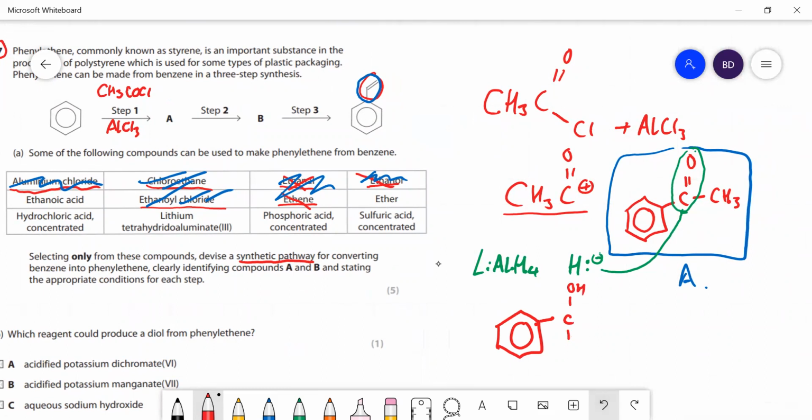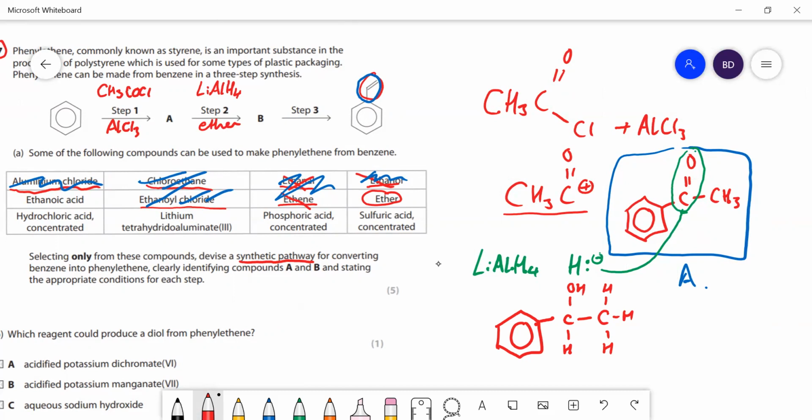Sorry, that is just going to be an H, and this is CH3. Okay, and the reaction conditions for step 2 then, it's going to be lithium aluminium hydride, LiAlH4, and you may remember that's always got to be in a solvent of dry ether. So we've used up the ether there. In dry ether, that's the condition for that.